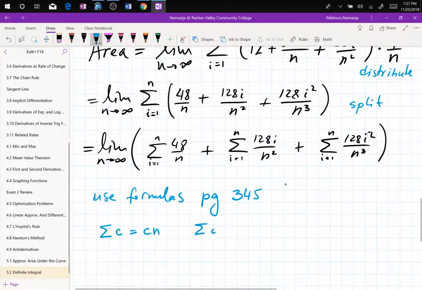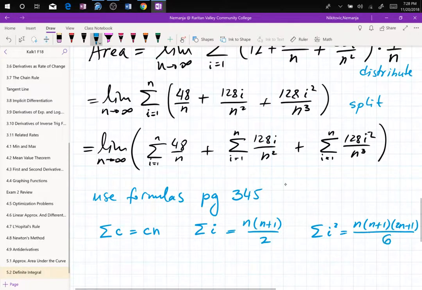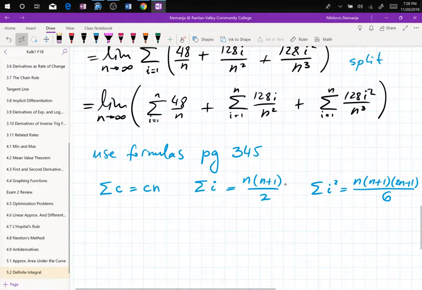Summation of i is equal to n times n plus 1 over 2. Summation of i squared is n times n plus 1 times 2n plus 1 divided by 6. So these are the formulas that are in the book. And as you can see, they operate only on i's. Everything else is a constant. It can be kicked outside.